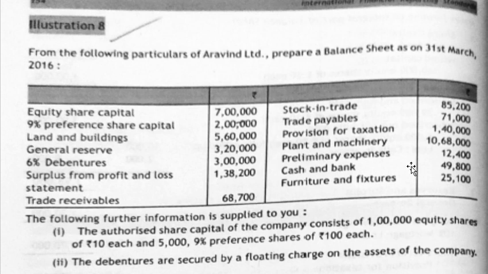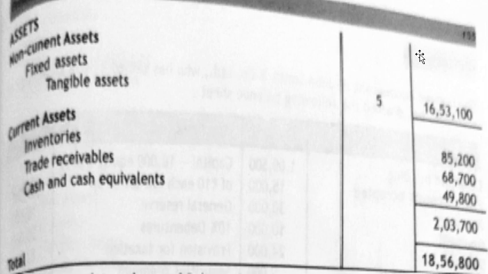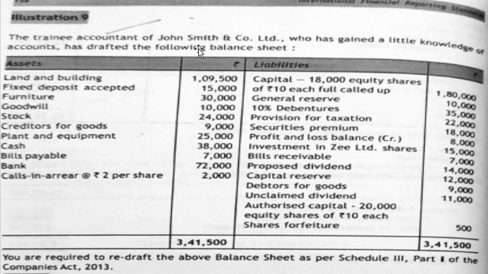Then cash and bank, which is 49,800, is being considered. So the total of current assets is 2,03,700. The total is 18,56,800. So here the total of your equity and liabilities matches with your assets, therefore the problem is right. The next problem we are going to discuss is illustration 9.